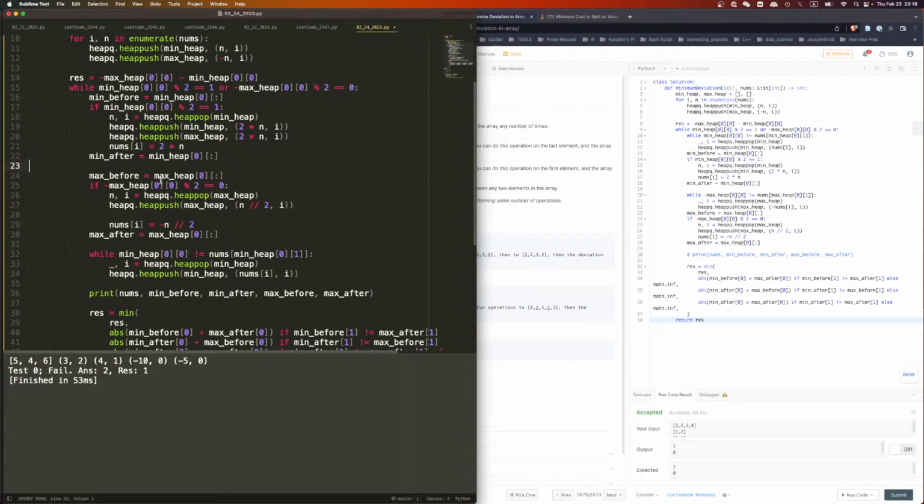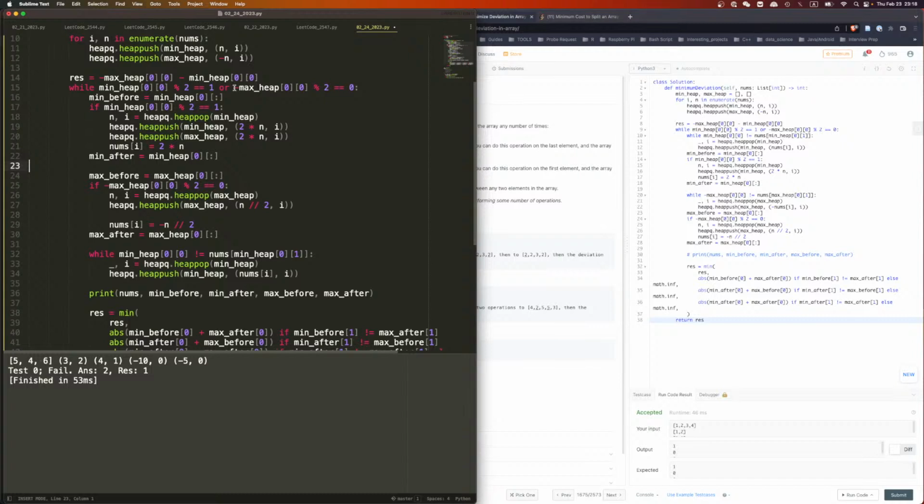Then I move max, right? Then I'll have a new max and the current min. And then I do the push after the move. I push both into the queue, and then I update.